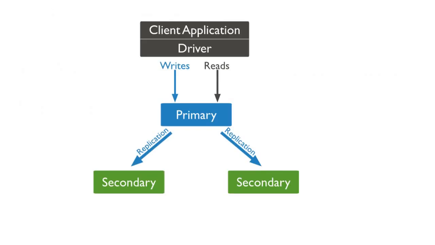Look at this figure, the client application driver. What does it write and what does it read? A replica set is a group of MongoDB instances which maintain the same data set. The primary node receives all the write operations.